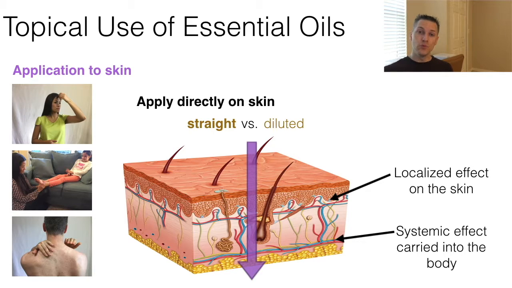The skin absorbs essential oils where it can provide a localized effect, or it can travel and be absorbed into the capillaries of the skin layer, and it travels through the bloodstream for a more systemic effect. Now, because our skin is permeable, a big fancy word that means that things can pass through it, it absorbs a great deal of what we put on it.